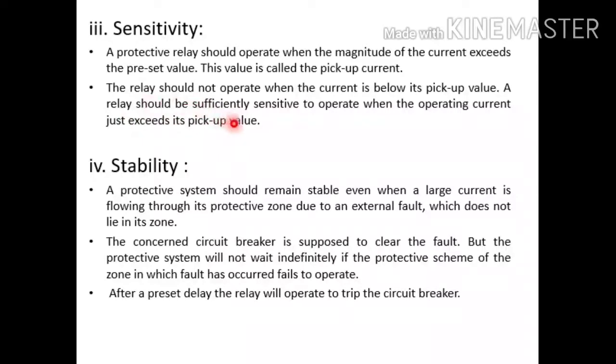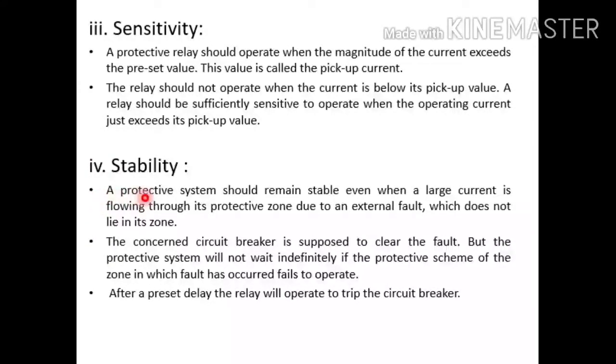A relay should be sufficiently sensitive to operate when the operating current just exceeds the pickup value. The relay is going to operate only when the current exceeds a certain preset value, called the pickup current. So the relay is not going to operate below a preset value, right.